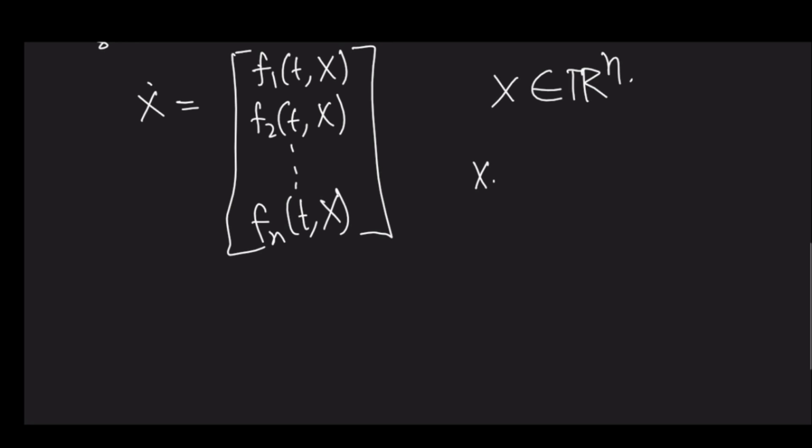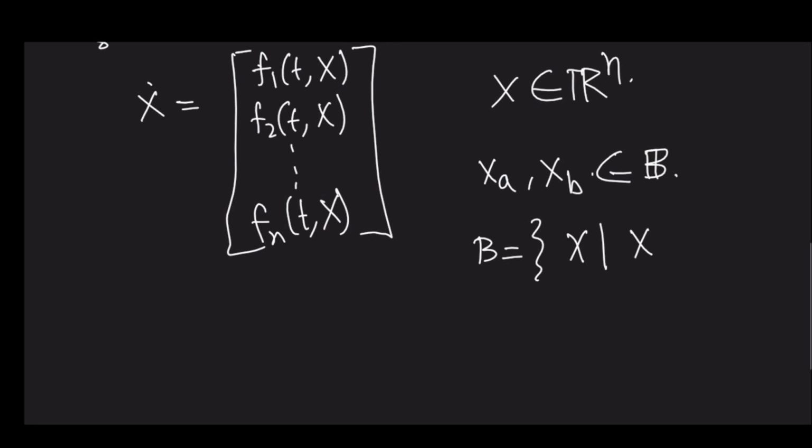Like if we pick up two distinct points, say xa and xb, for all x belonging to B, such that B contains all x such that norm of x minus x naught is less than or equal to r.